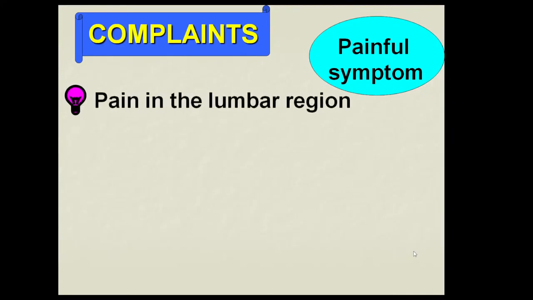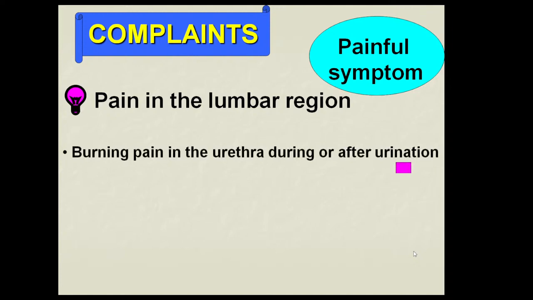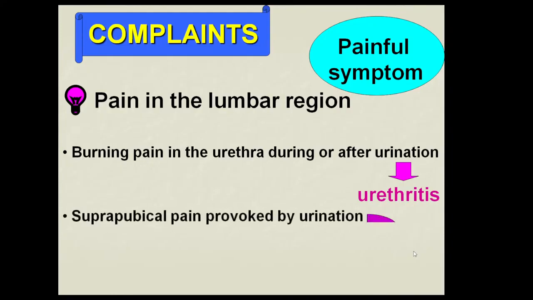I'll pay your attention: depending on anatomic position, pain localizes in the lumbar region. Burning pain in the urethra during or after urination indicates inflammation of the urethra, urethritis. Suprapubic pain tightly connected with urination indicates inflammation of the urinary bladder, cystitis.